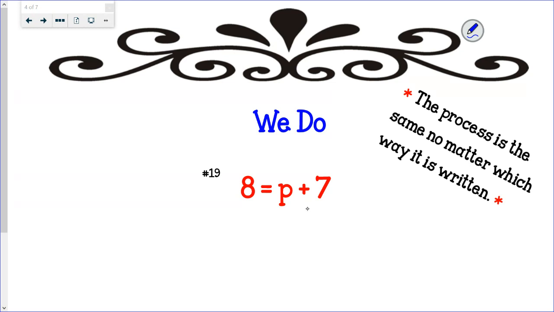The opposite of plus 7 is minus 7. So we subtract 7 on one side, we subtract 7 on the other. So 7 minus 7 is 0. So we have p equals 8 minus 7 is 1. So this reads 1 equals p. We can also rewrite it p equals 1. It's the same thing.